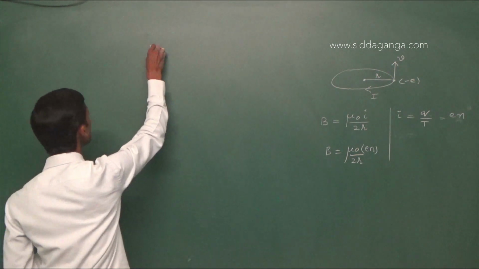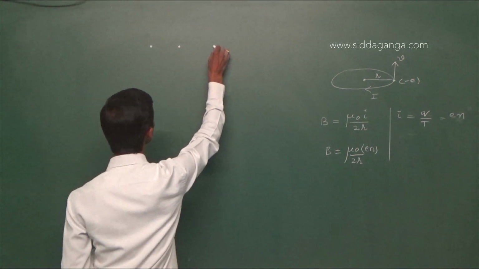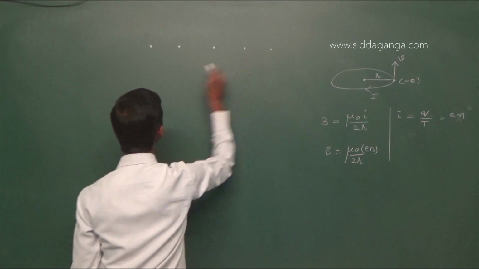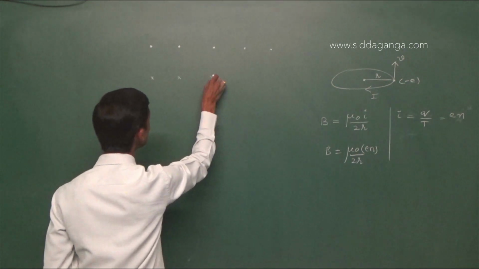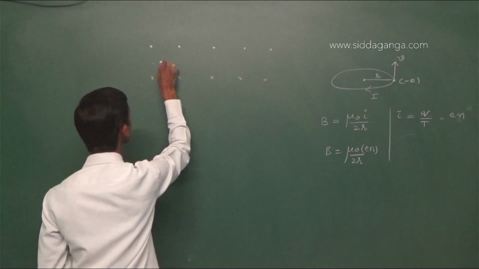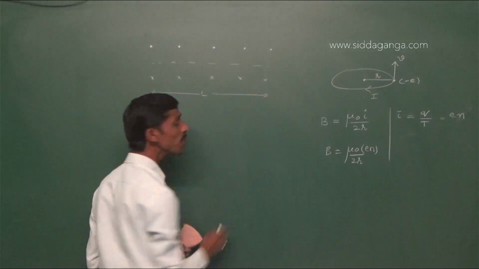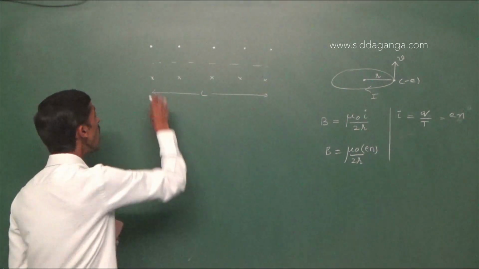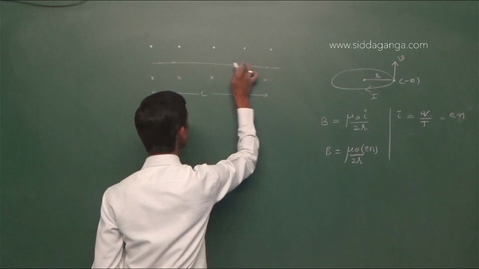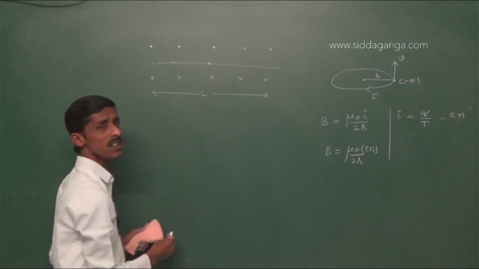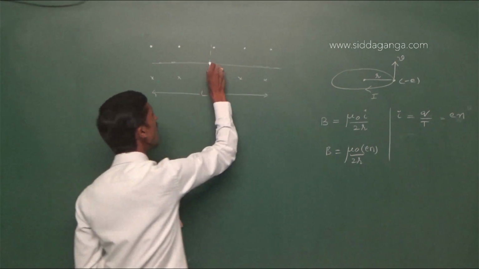If the solenoid has finite length, look at the cross-sectional view of the finite length solenoid. Let L be the length of the solenoid and n the number of turns per unit length, and consider the magnetic field at one point on the axis.